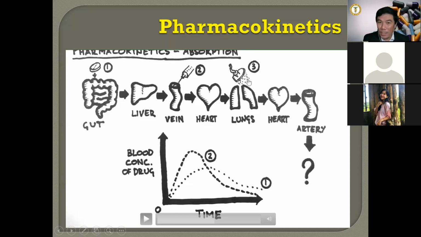But if we talk about inhalation, it's directly processed by the lungs. Compared with the graph that you're seeing, this is the peak concentration level of the oral medication, and this is the peak concentration level of the intravenous. Much more immediate compared with oral medication.